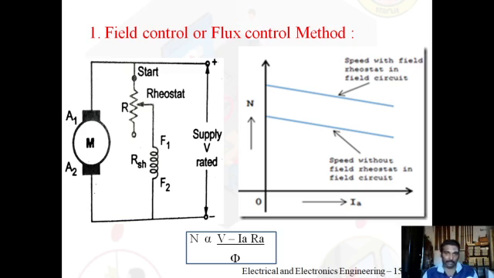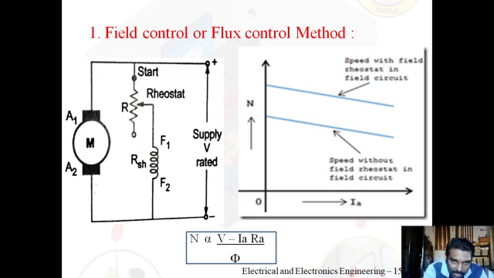Whenever the voltage is given to the field winding, the current starts flowing through the windings. It creates the flux, which is represented by phi. Phi is the flux produced per pole by a single pole. Therefore, each and every pole will produce the flux, and a magnetic field is created in the air gap.